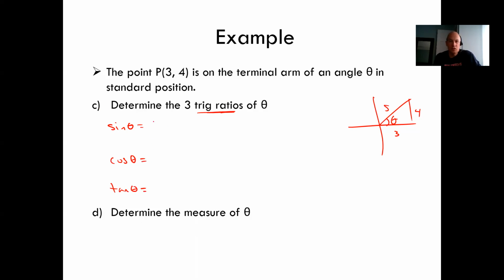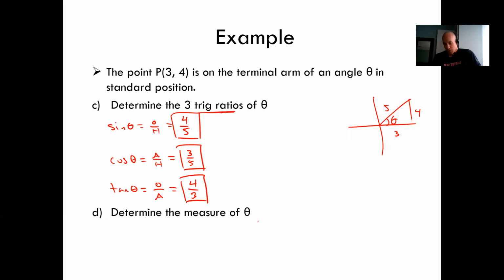Sine we know is opposite over hypotenuse, cosine is adjacent over hypotenuse, tan is opposite over adjacent. So for sine theta we say opposite over hypotenuse, which is 4 over 5. And that's as far as we go. That's the sine ratio. Similarly, adjacent over hypotenuse would be 3 over 5, and opposite over adjacent would be 4 over 3. Those are the 3 trig ratios.